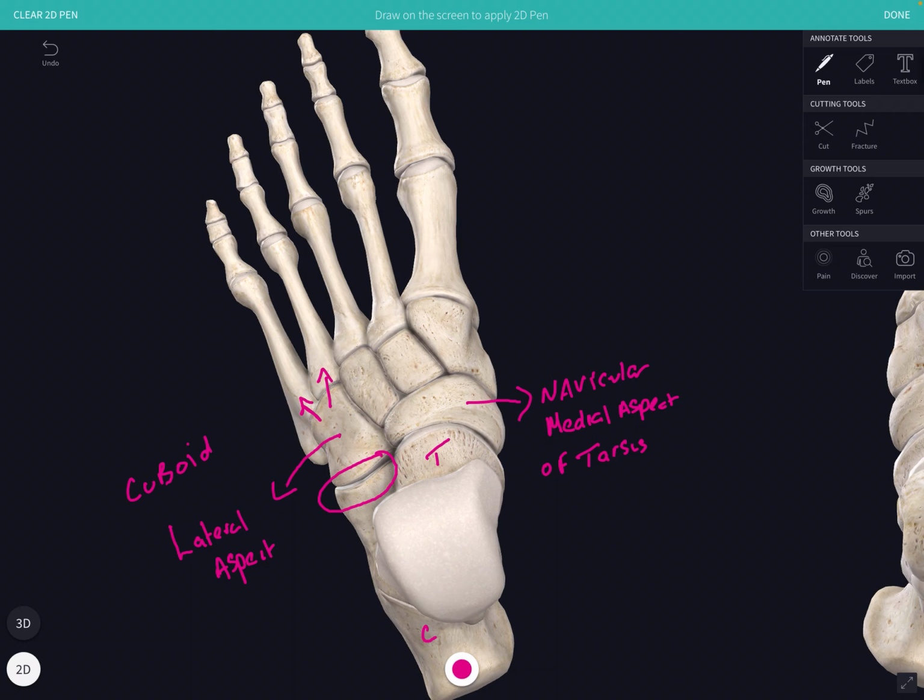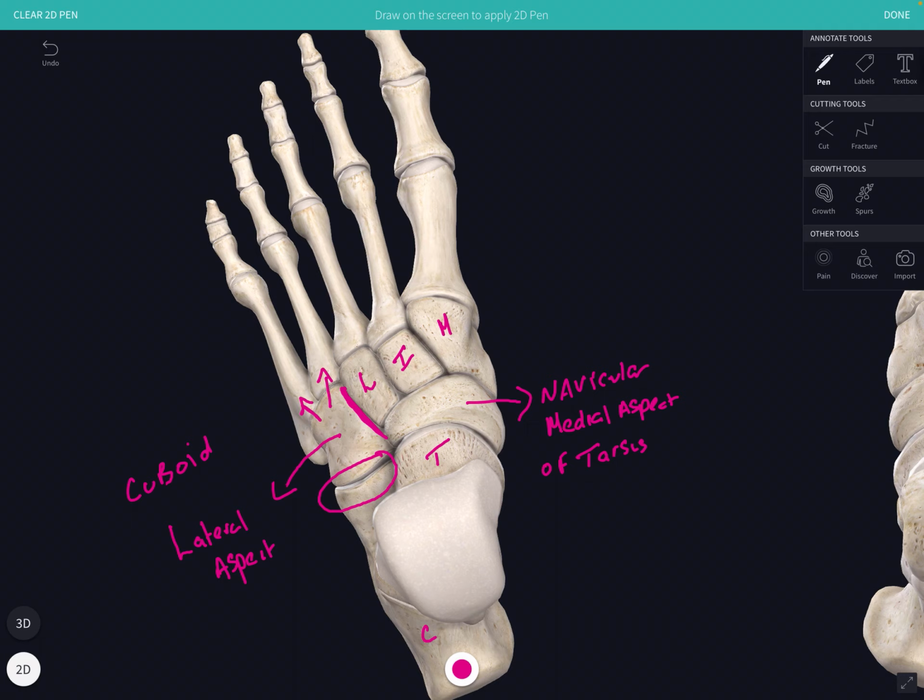The medial surface of the cuboid, along here, has near its middle an oval articular facet which will articulate with the lateral cuneiform bone. And remember, these are the medial, the intermediate, and the lateral cuneiform bones. So that's the navicular and the cuboid.